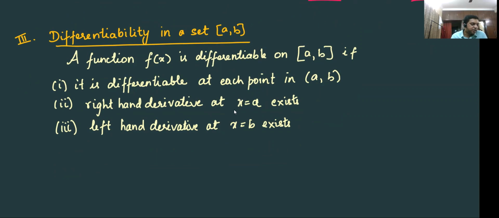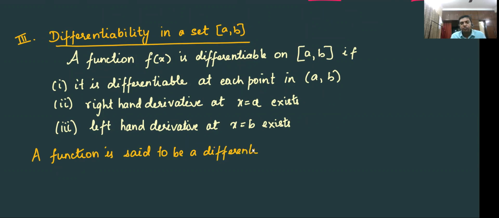So this one is for a set. Now a function is said to be a differentiable function in its domain if it is differentiable at every point in its domain.